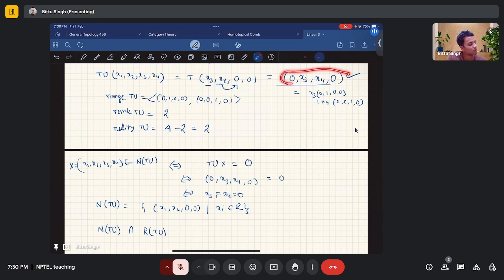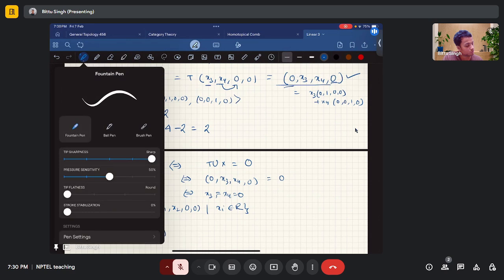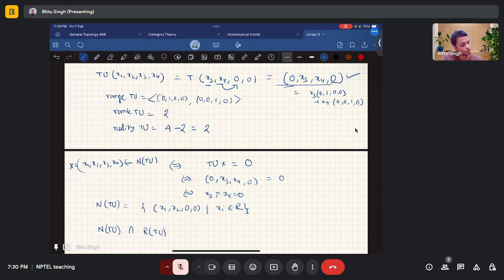Range T_U contains all of these 4-tuples where the first and fourth elements should be 0. For something in the null space, the third and fourth entries should be 0, and since it also belongs to the range space, the first and fourth entries should also be 0.